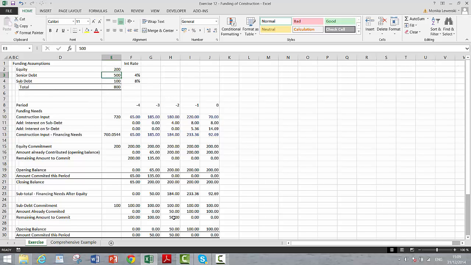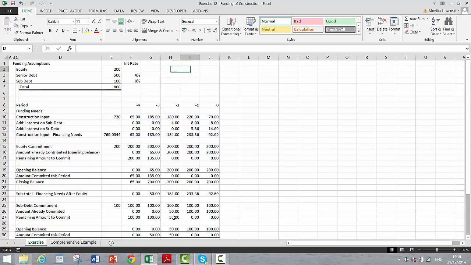some kind of DSCR analysis, and the subdebt is just some kind of agreement we can get, or the equity, we don't know. We're going to have to solve for one of the others, so let's take that debt difference.